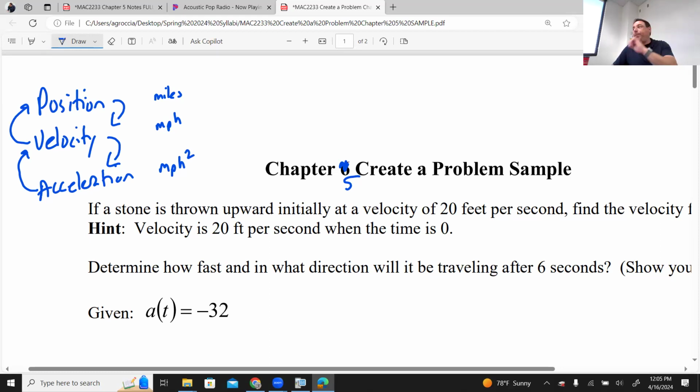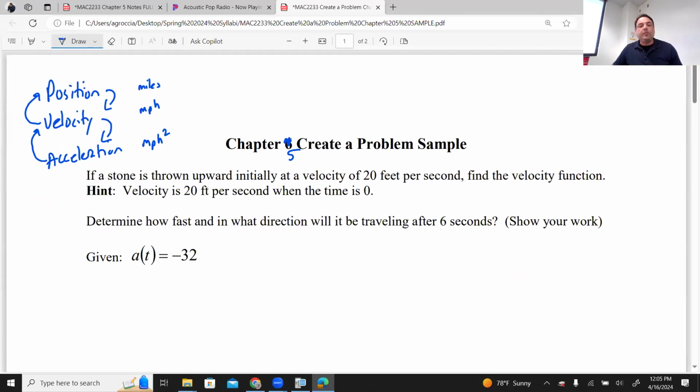But we know that when you take the integral, you always end with a plus c. Then you've got to figure out what that c is. So that's what this deals with. This one says, if a stone is thrown with an initial velocity of 20 feet per second, find the velocity function. Hint: velocity is 20 feet per second when the time is 0.